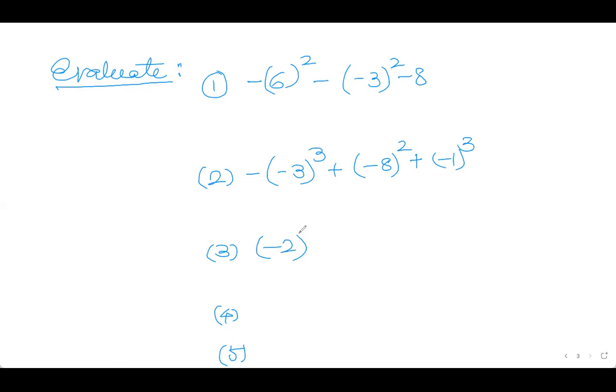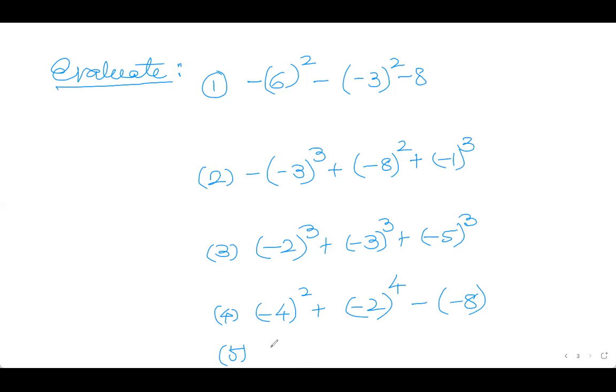Minus 2 whole cube plus minus 3 whole cube plus minus 5 whole cube. Minus 4 to the power 2 plus minus 2 to the power 4 minus of minus 8 and 7 cube. Minus minus 2 cube plus minus 1 cube.